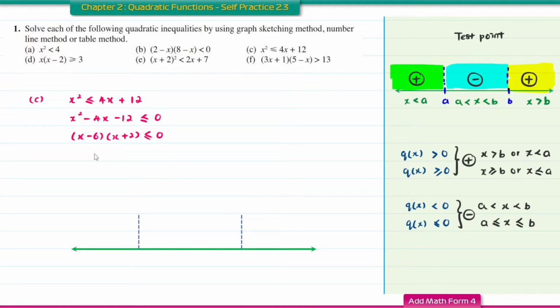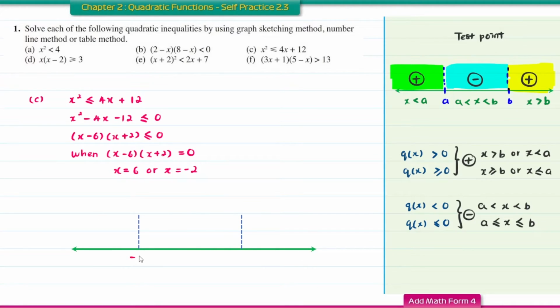So to find the roots, I'm going to let this quadratic inequality equal to 0. So when x minus 6, x plus 2 equals 0, x is equal to 6 or x is equal to negative 2.